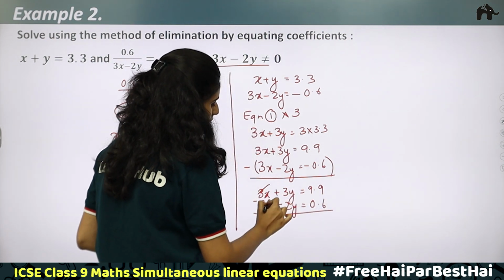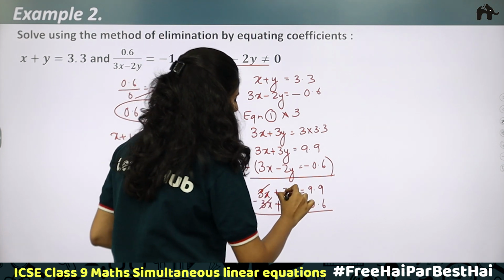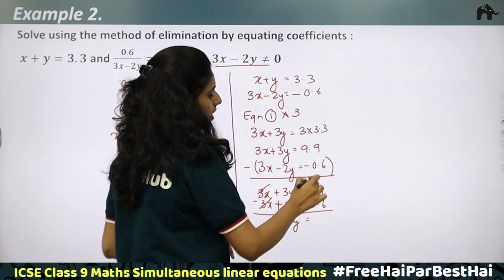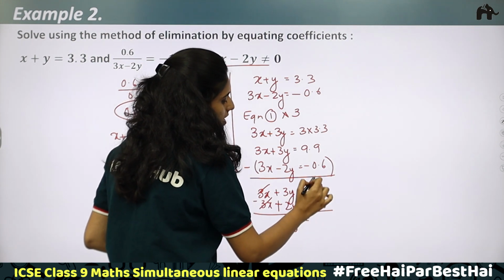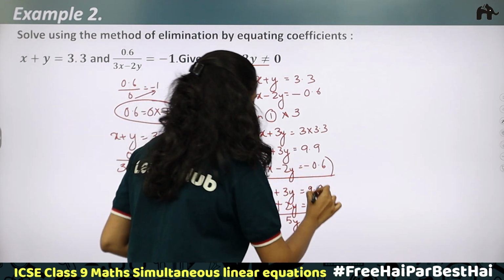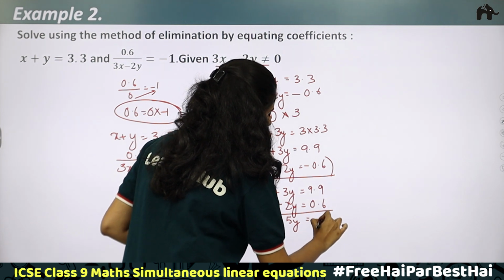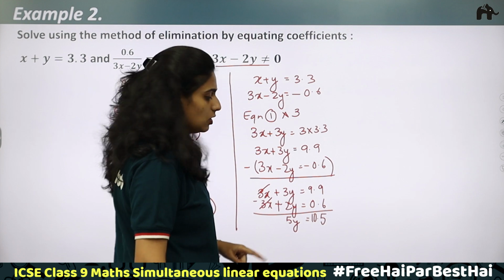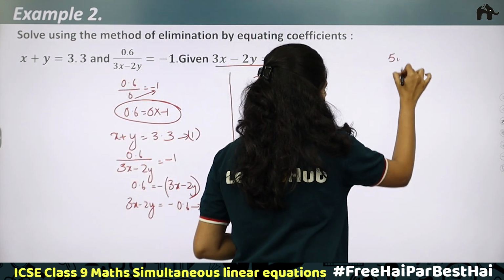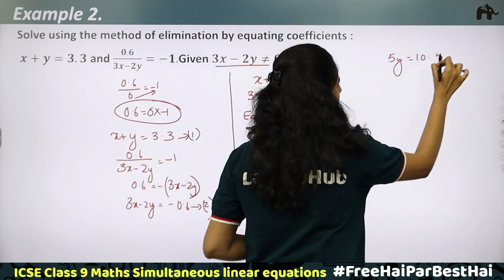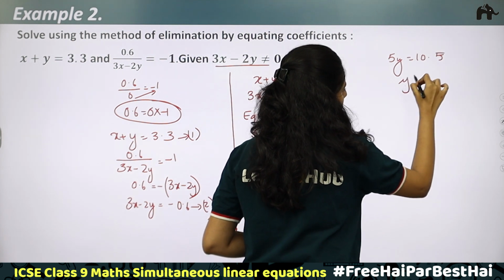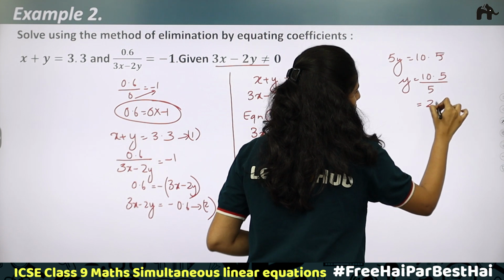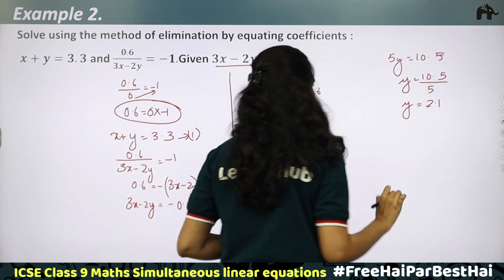Subtracting, 3x minus 3x gets cancelled, 3y plus 2y is 5y is equal to 9.9 plus 0.6. How much do we get? 10.5. So 5y is equal to 10.5. Then what is y? y will be equal to 10.5 divided by 5, which is equal to 2.1. So y is equal to 2.1.